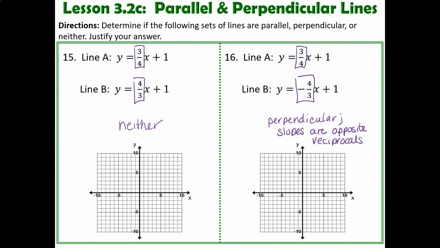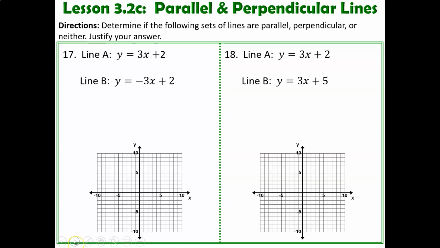Okay, moving right along. Two more. So this one is 17. A has a slope of 3. B is negative 3. They're not reciprocals, they're opposites, but they're not opposite reciprocals, so this is neither.